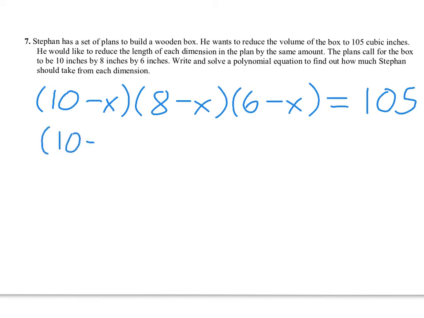All right, so I'm going to multiply the 10 minus x last because it's easy to multiply by 10. So foiling this one, 8 times 6 is 48. Negative 8x and negative 6x make negative 14x. And we have a positive x squared.